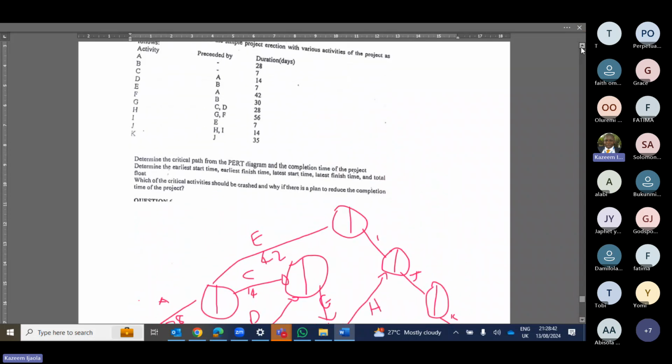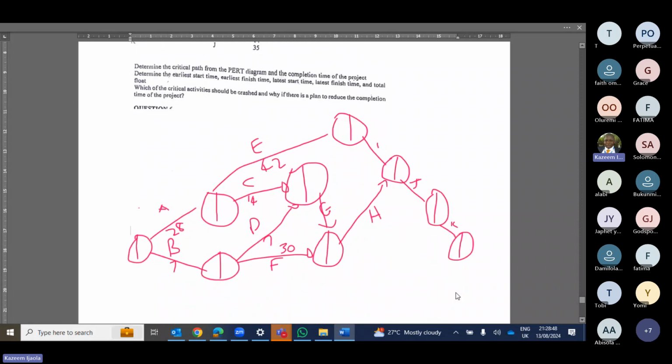G is 28. H is 56. Then what about I and J?